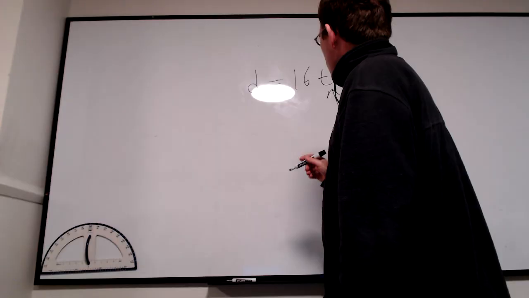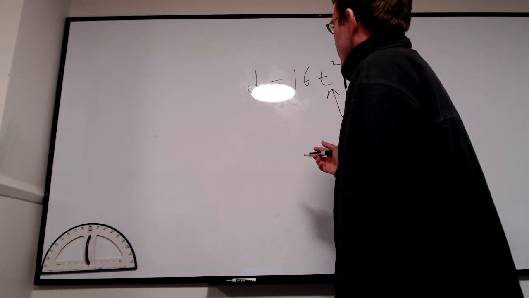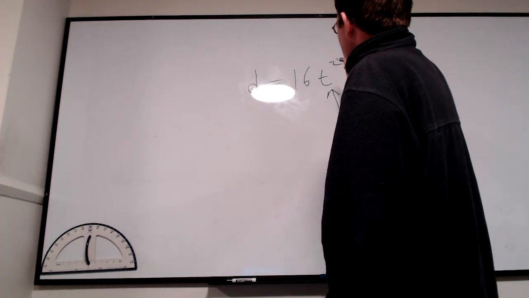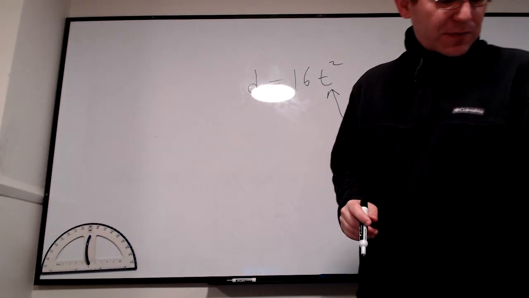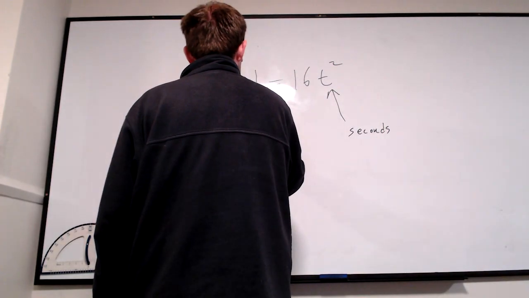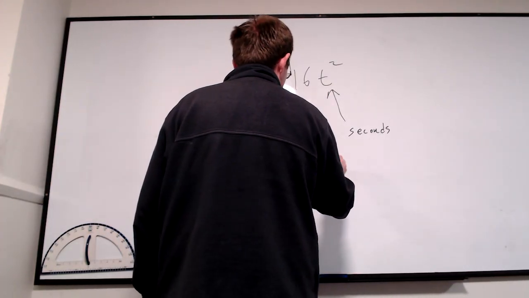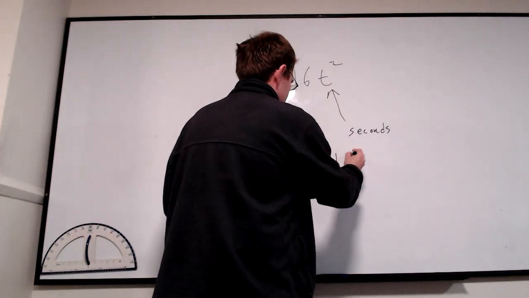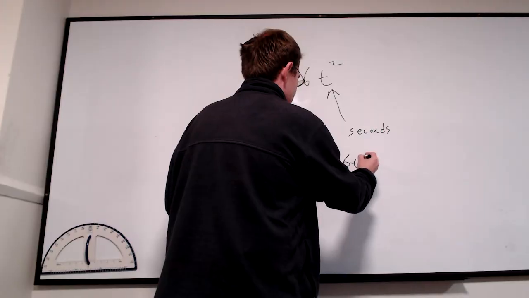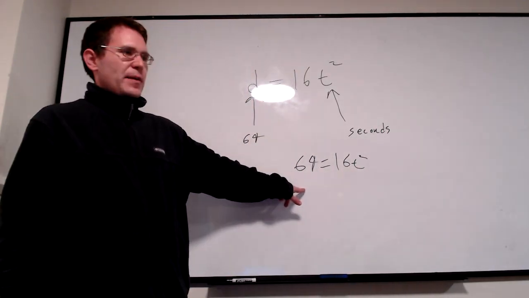Since in this case we're trying to find the time, and we know the distance, the distance that we have is 64. So we have 64 equals 16 t squared. This is still following the same format that we've been using.